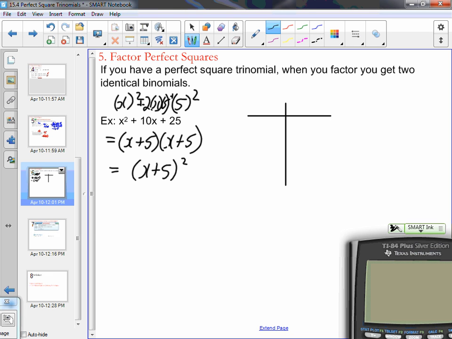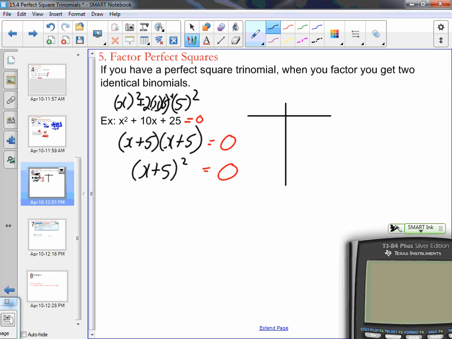Now, what if there was an equal 0 there? We've done this next step several times this year.